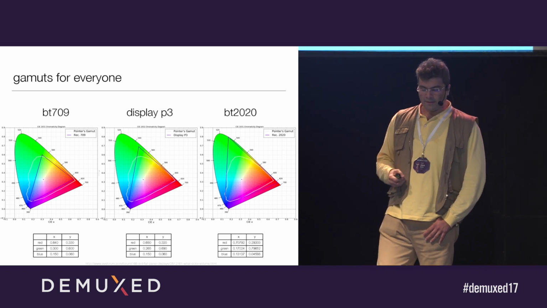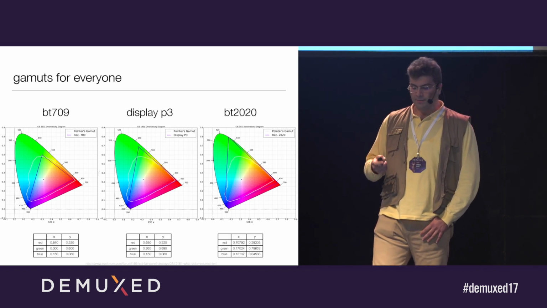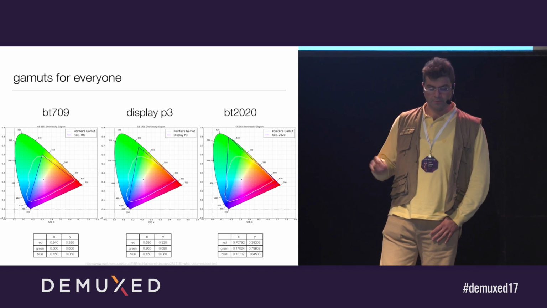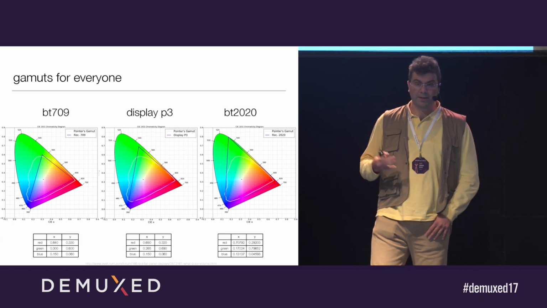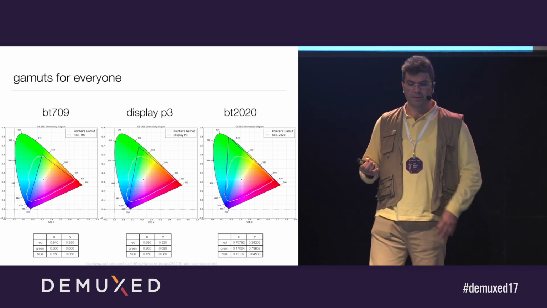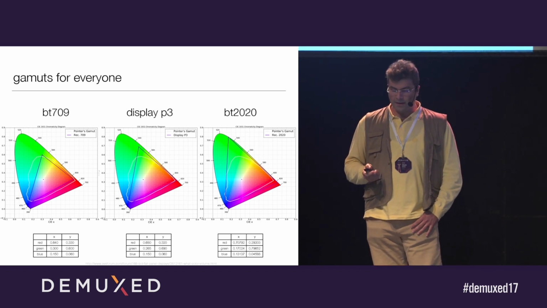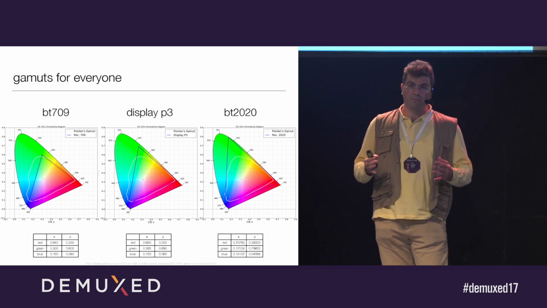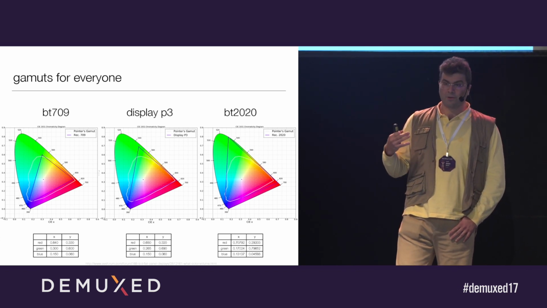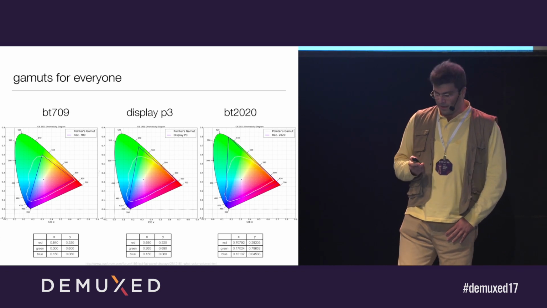This is what BT.709, Display P3, and BT.2020 try to do. They try to map as much as possible the reality of colors so that they can be reused and transmitted correctly later. We see that only with the BT.2020 we cover most of the Pointer's gamut.